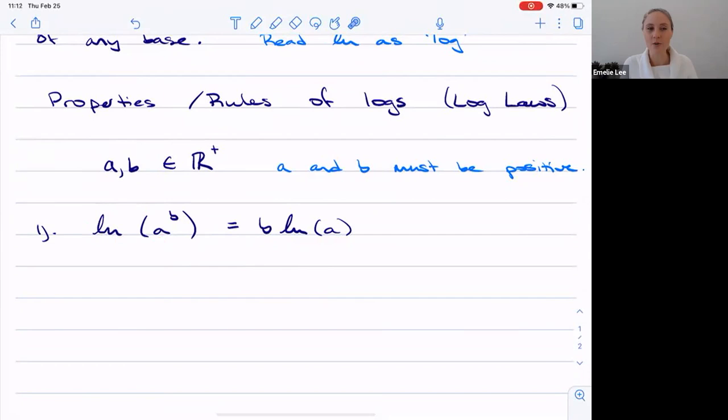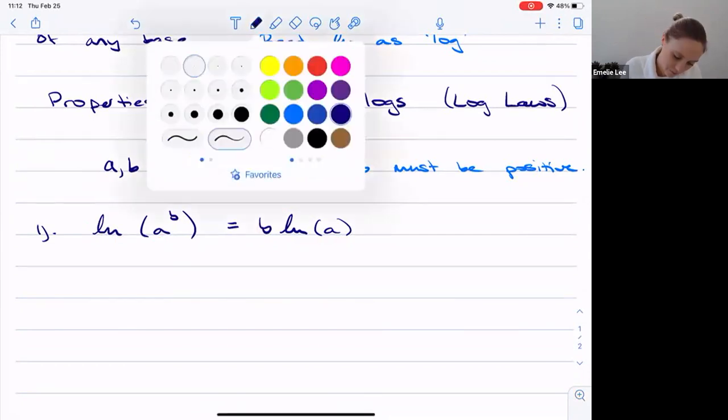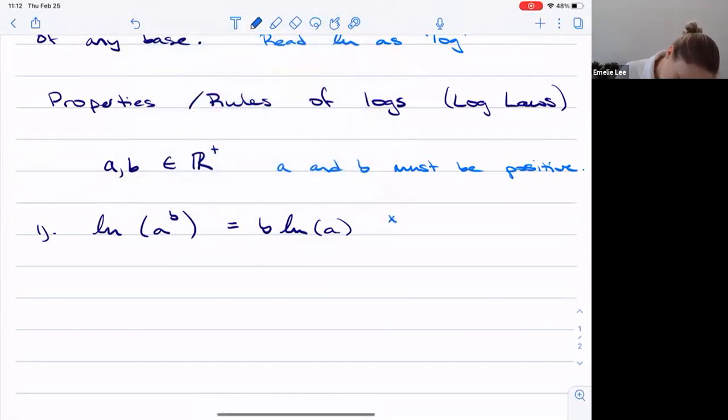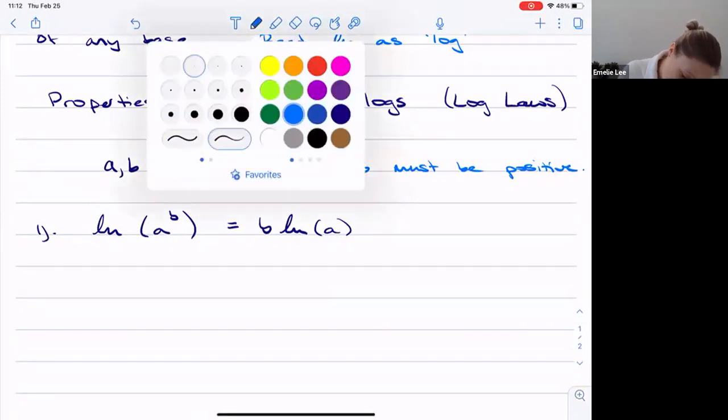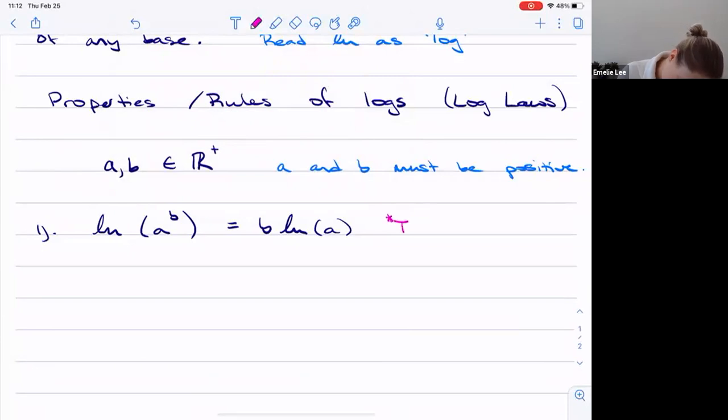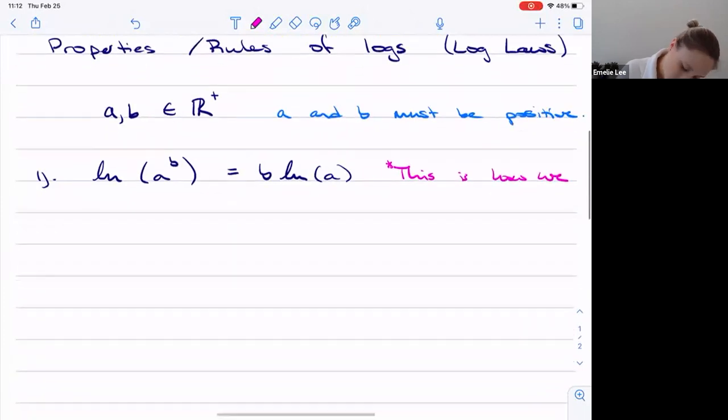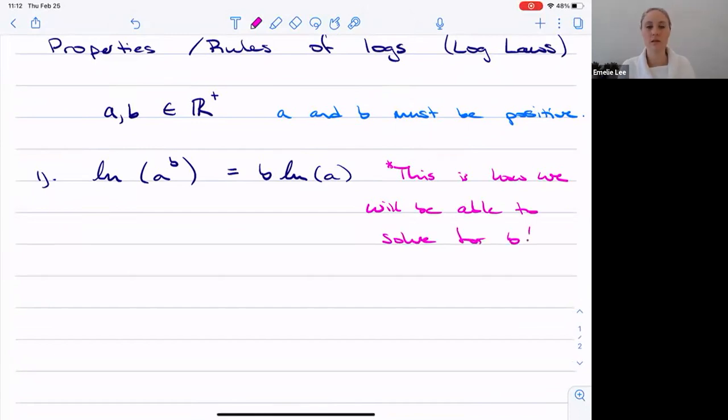That's how I use logs to bring things down from the exponent. So I'll even use a more dramatic color here. This is how we will be able to solve for b. Okay, so that's our number one rule.